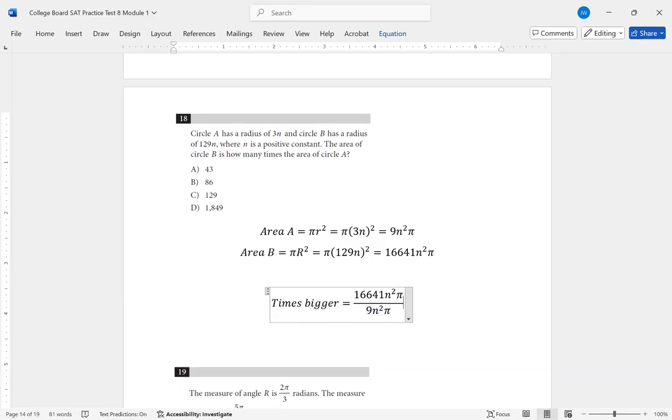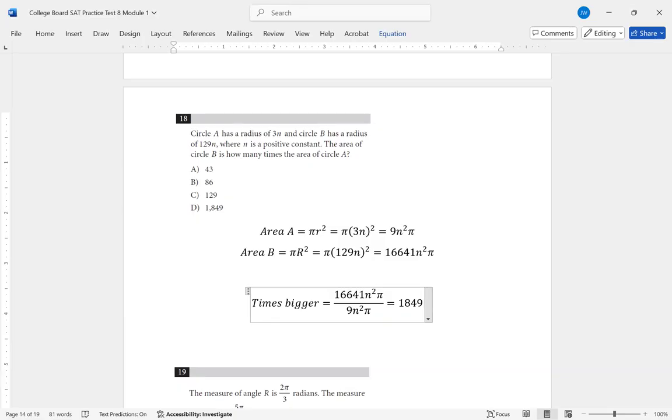The n squareds are going to cancel each other out. The pi's are going to cancel each other out. And I just have to take 16,641 and divide it by 9. I'll do that on a calculator. When I did that, I got 1849.